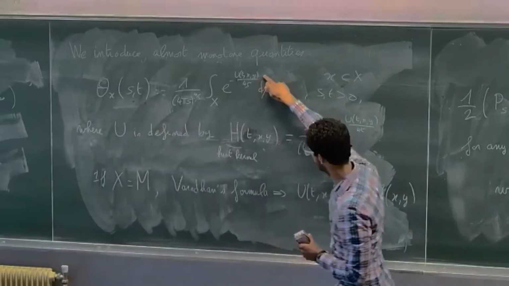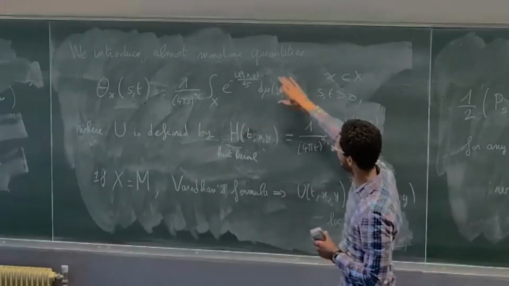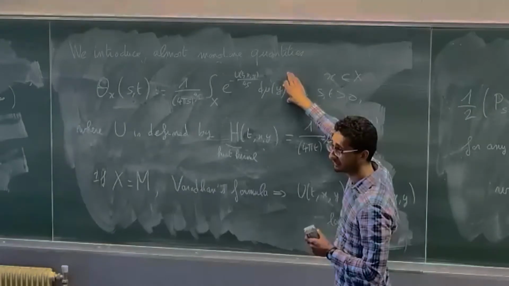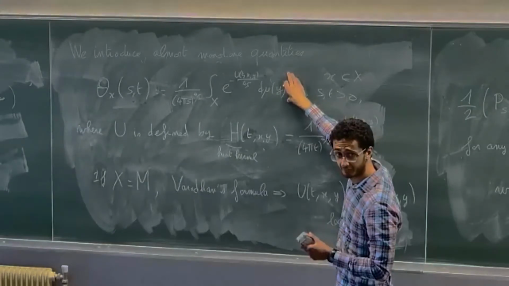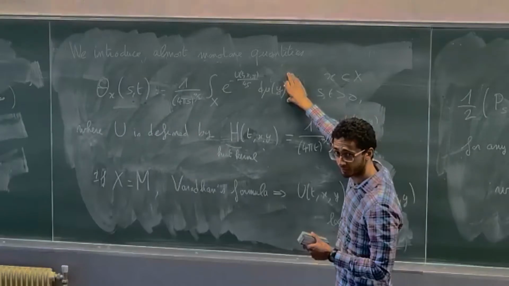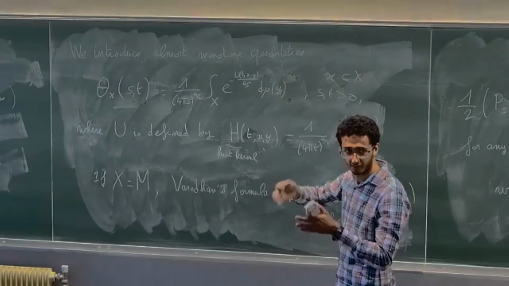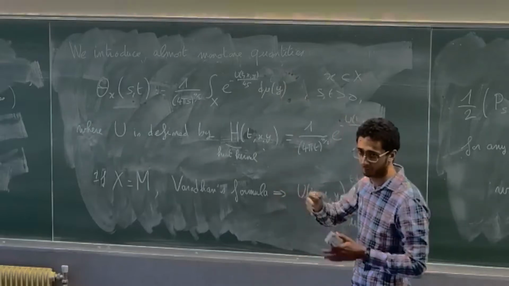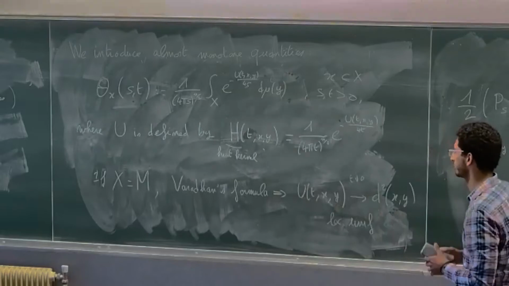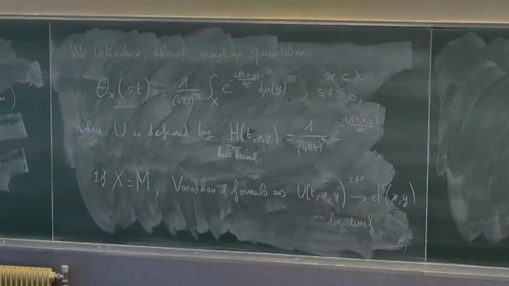If I replace this u_t(x,y) by the distance squared between x and y, what I get here is the integral of the Euclidean heat kernel of the space. I just take the Gaussian and put d squared(x,y), where in the Euclidean Gaussian I have the norm of x minus y squared.